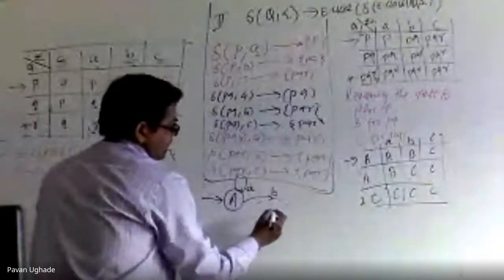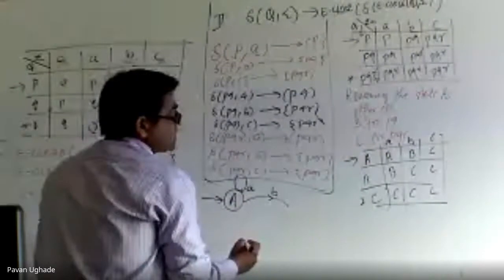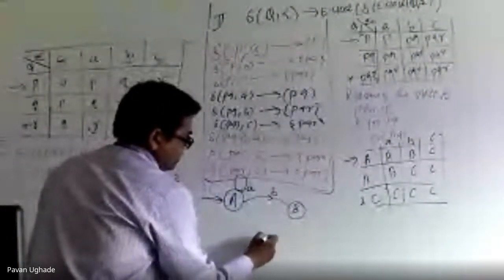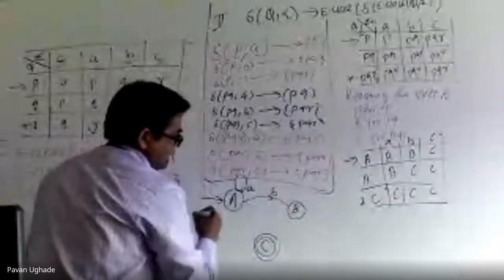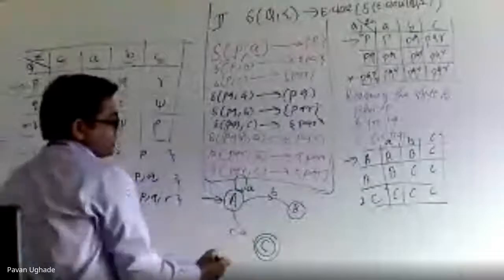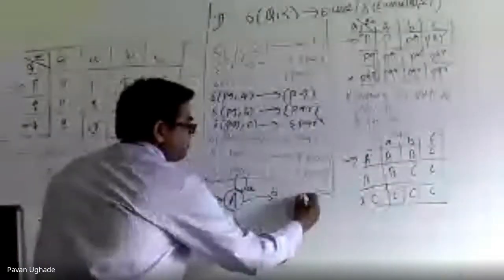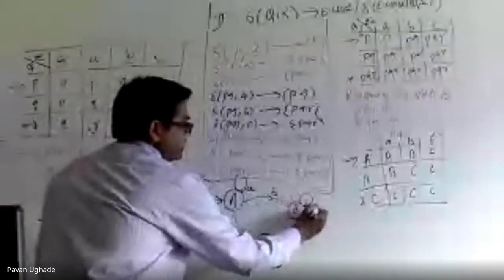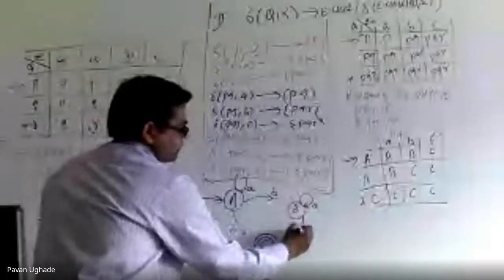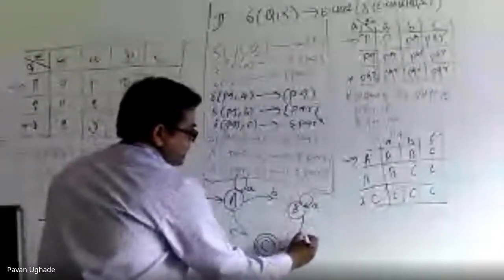A over small b goes to B. And here let me put C as my final state, which I'll represent with double circles. So it is over C. Now B over a goes to itself. B over b goes to C.